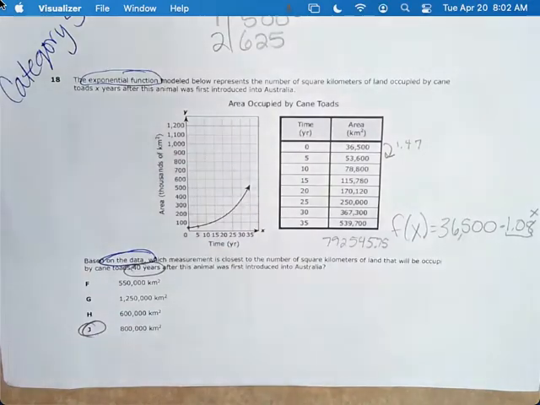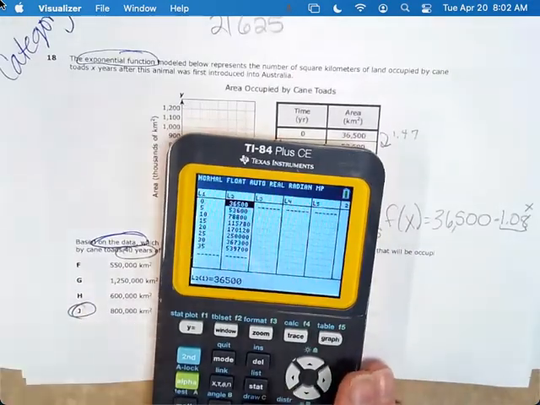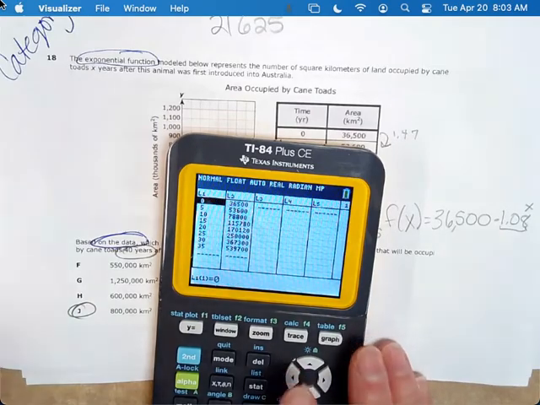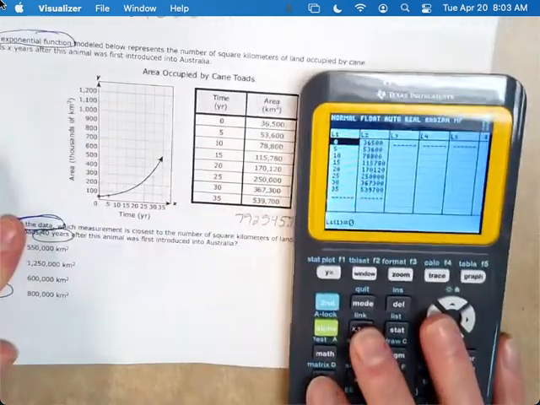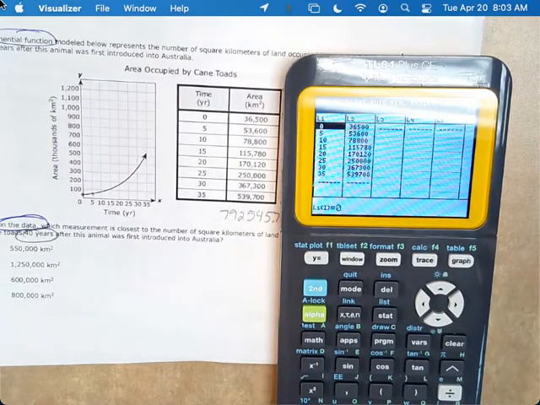So go to your calculator, and I want you to clear out what's in L1 and L2, and then put the data for this one into your calculator. I would need everybody to do that.